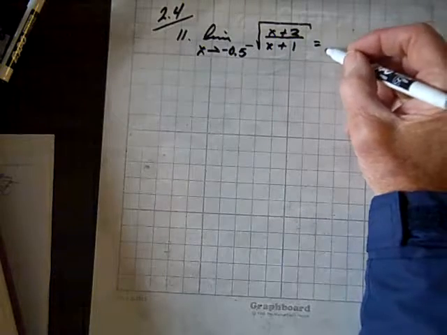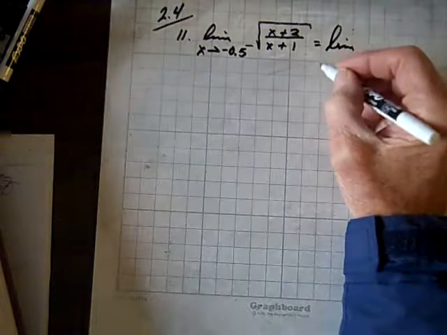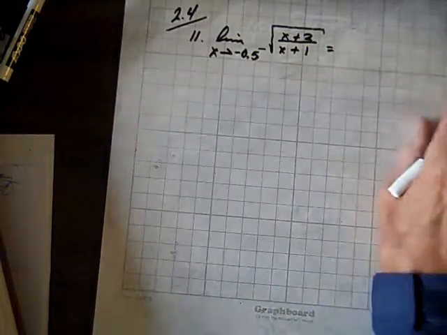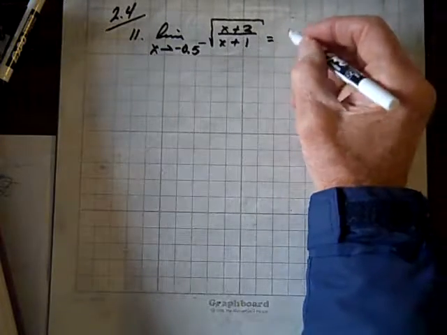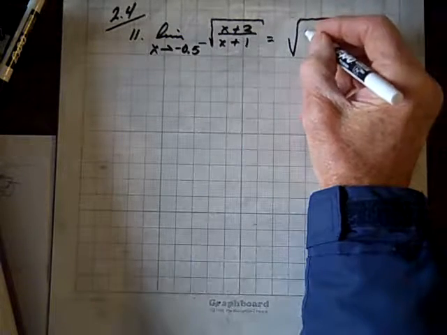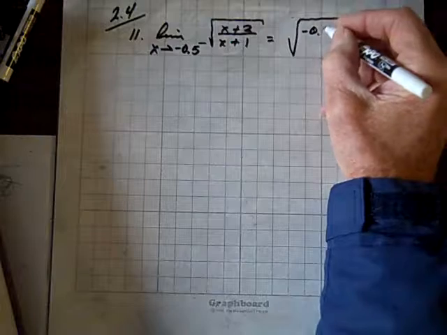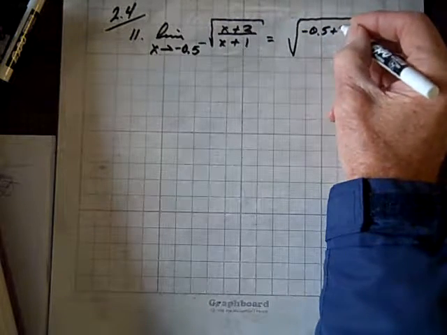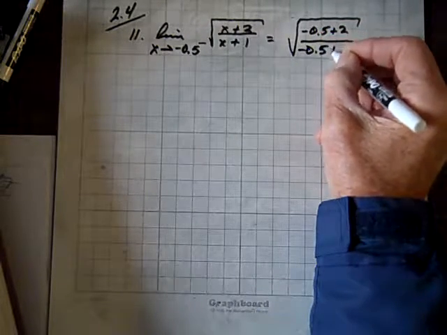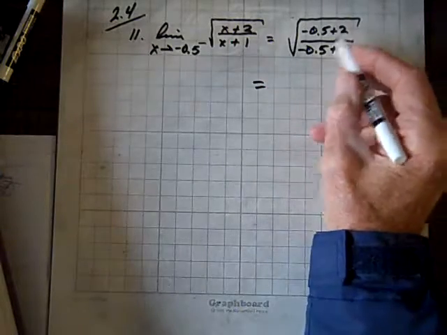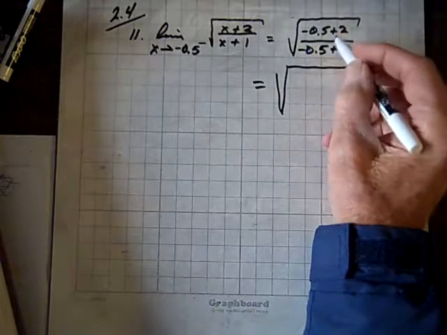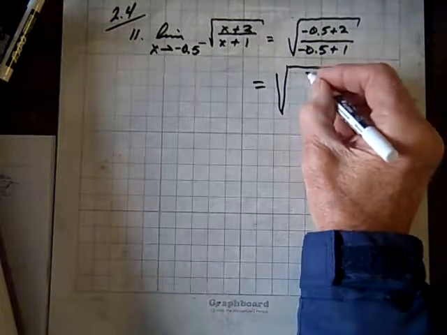So this equals the limit as x goes to, well, as I said, we can simply evaluate directly, so we don't need the limit symbol anymore. We'll just look at the square root of negative 0.5 plus 2 over negative 0.5 plus 1, which equals the square root of 1.5 over 0.5. 2 minus 0.5 is 1.5, which is 3/2.